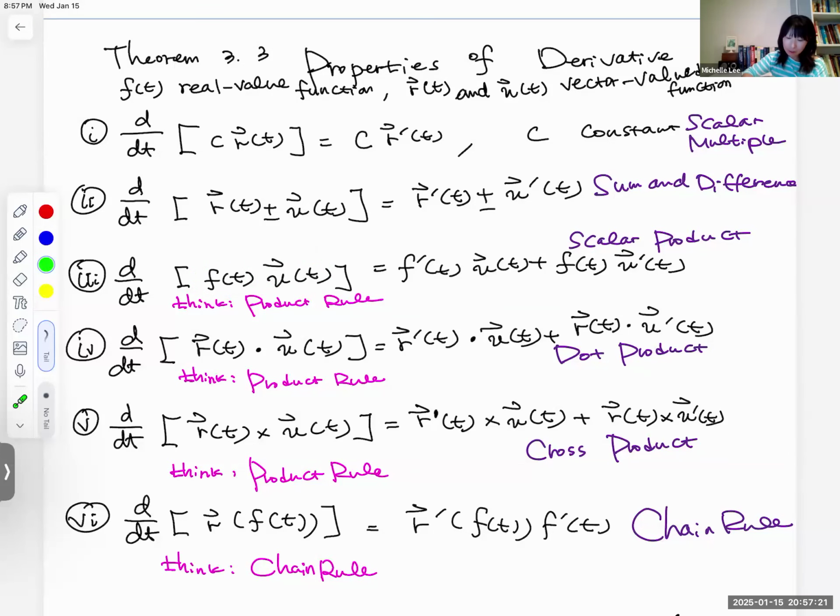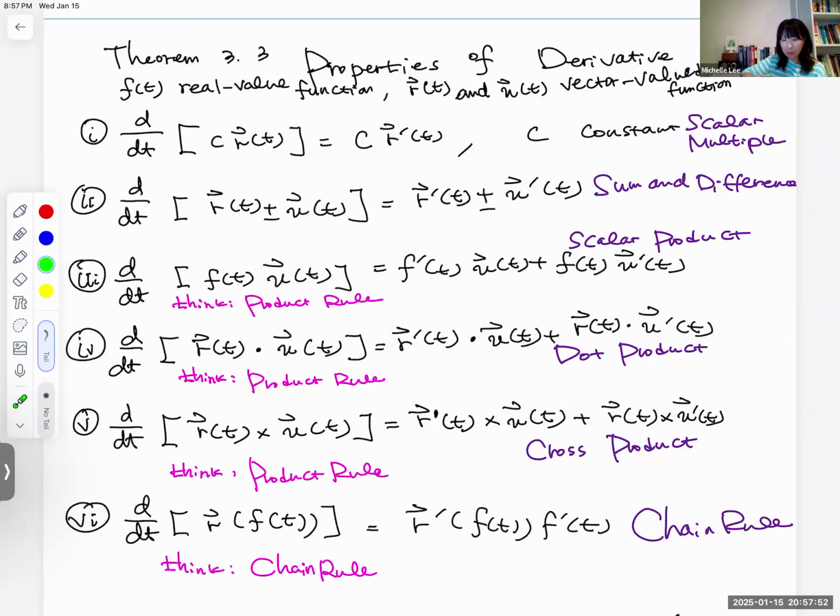Okay. Now we have a dot product. Let's take a look. Both are vector functions, right? So it's the dot product of the vectors. The first one prime, we keep the dot product operation, and then the second one, plus the first one dot product with the second prime, right? So think of the product rule.